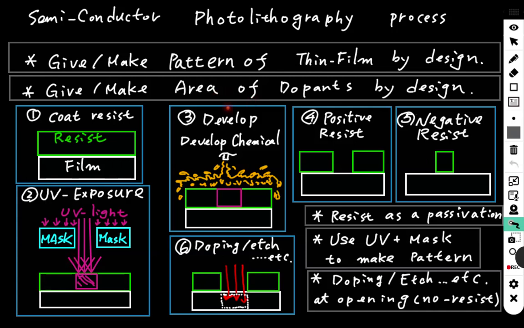Third step, develop. We spray or puddle a developing chemical liquid on the resist. Then the chemical flows over it, resulting in two conditions.